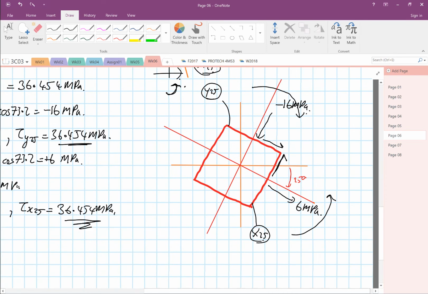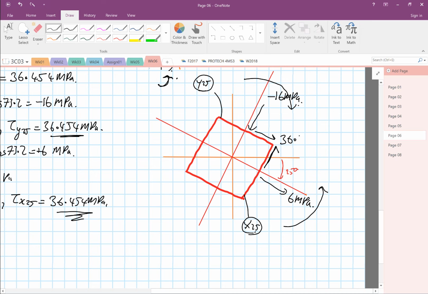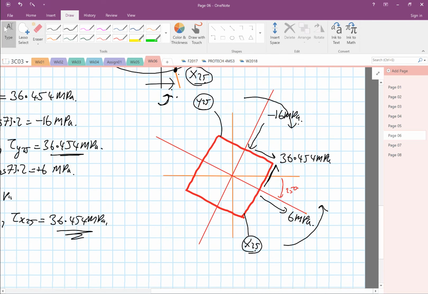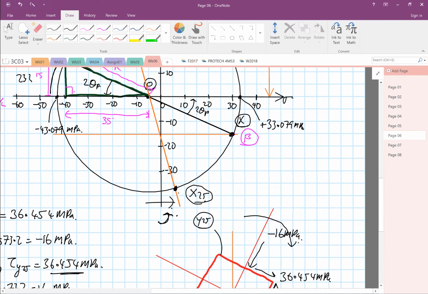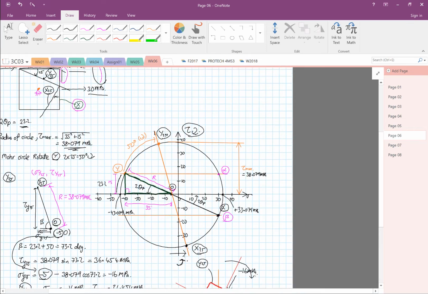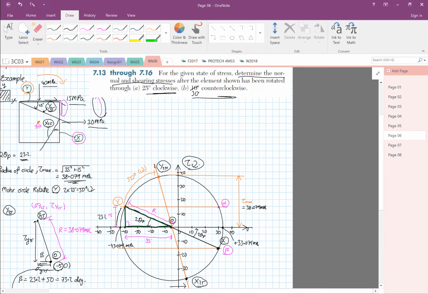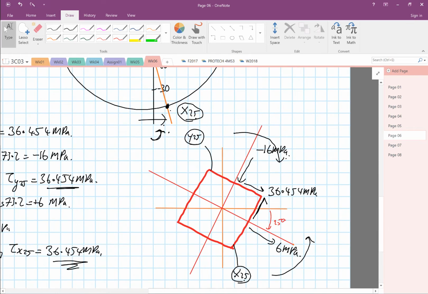This is where you write in 36.454 megapascal. This is what we call the state of stress.